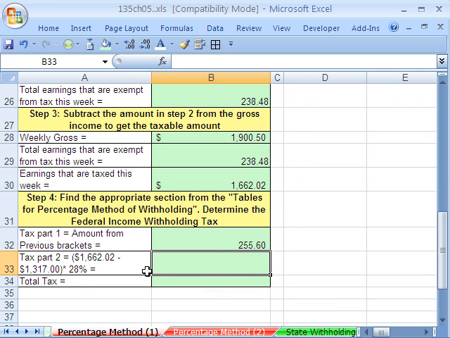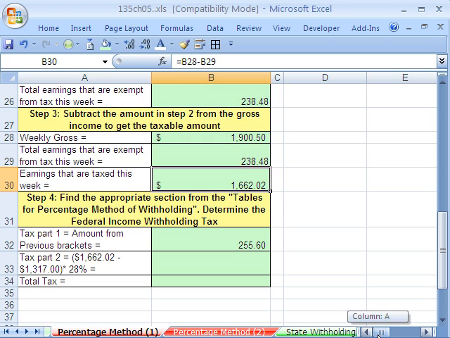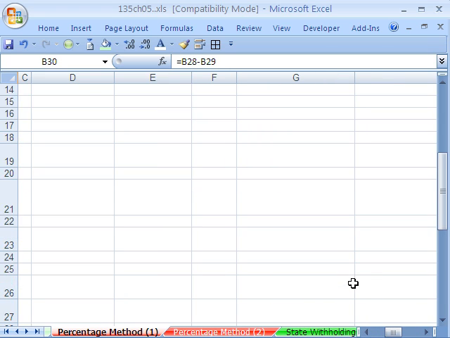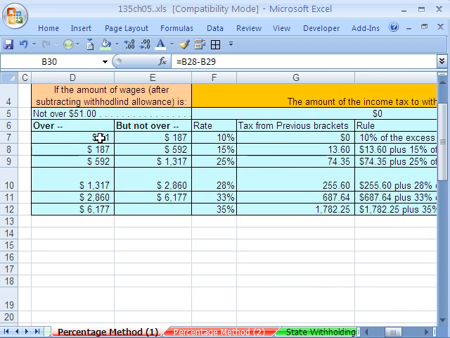Now, here's the tricky part, right? We have this $1,662.02. But let's go look at that table because a lot of this has already been taxed. In fact, $255 in tax we're already paying. Let's go up here and look. The way it works is from here, not over $51, you have a 0 tax. But from 51 to 187, you have to calculate whatever your amount was.